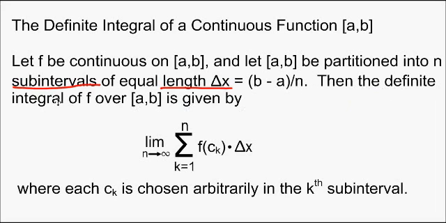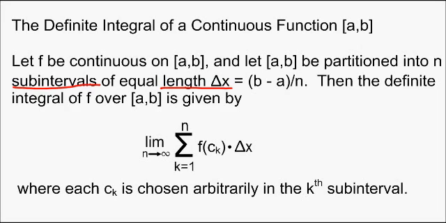Then the definite integral of f over a, b is given by the limit as n approaches infinity of the sum from k equals 1 to n of f of c sub k times delta x, where each c sub k is chosen arbitrarily in the kth subinterval.